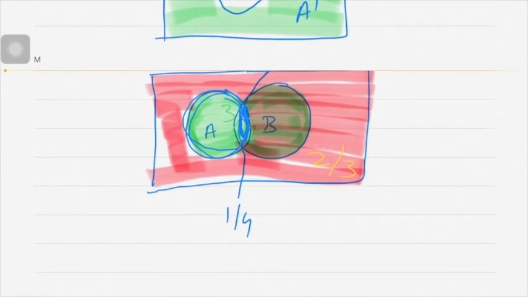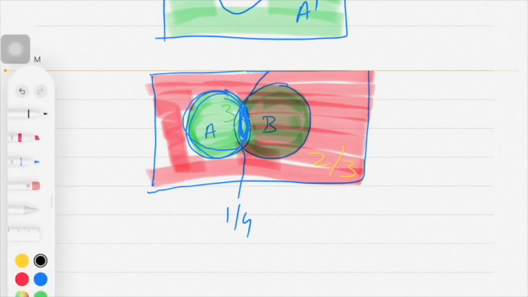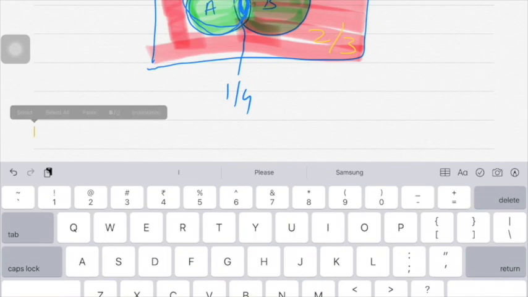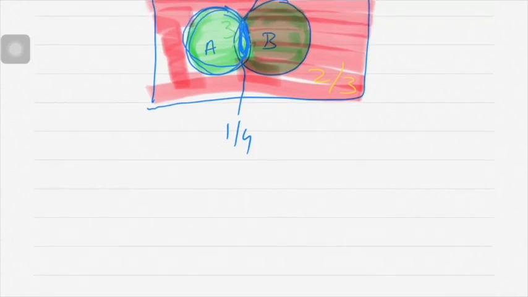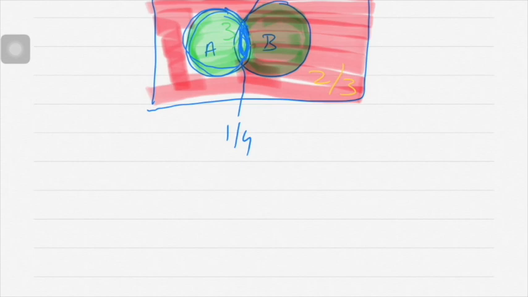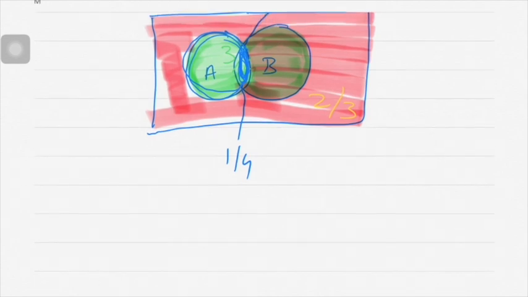Now you know that P of A plus P of A dash is 1. Before this, what have they asked?